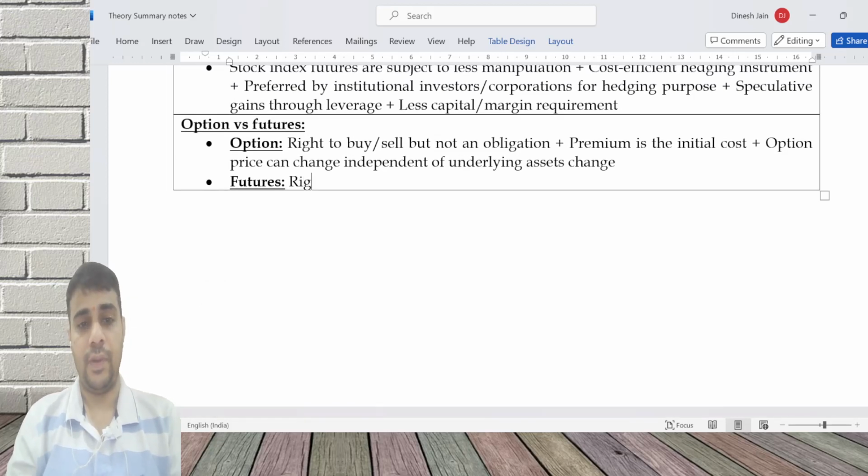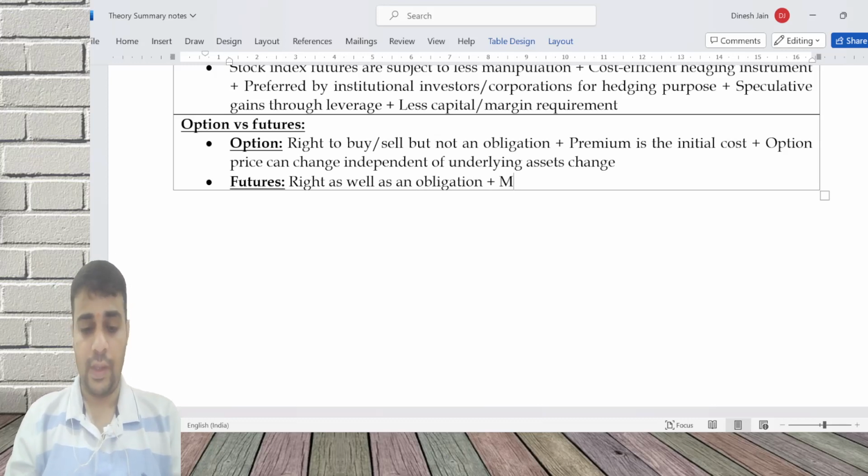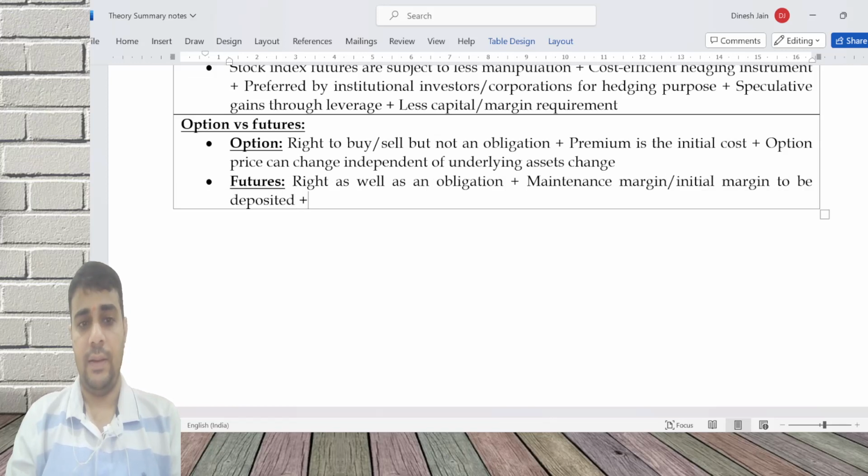Futures: right as well as an obligation. Maintenance margin and initial margin to be deposited.